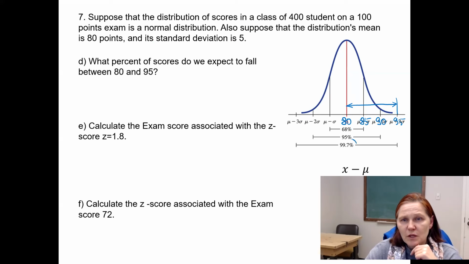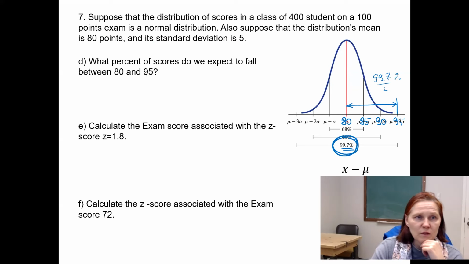Within 3 standard deviations from the mean there are 99.7% of all scores, so this is half of this percentage: 99.7 over 2.